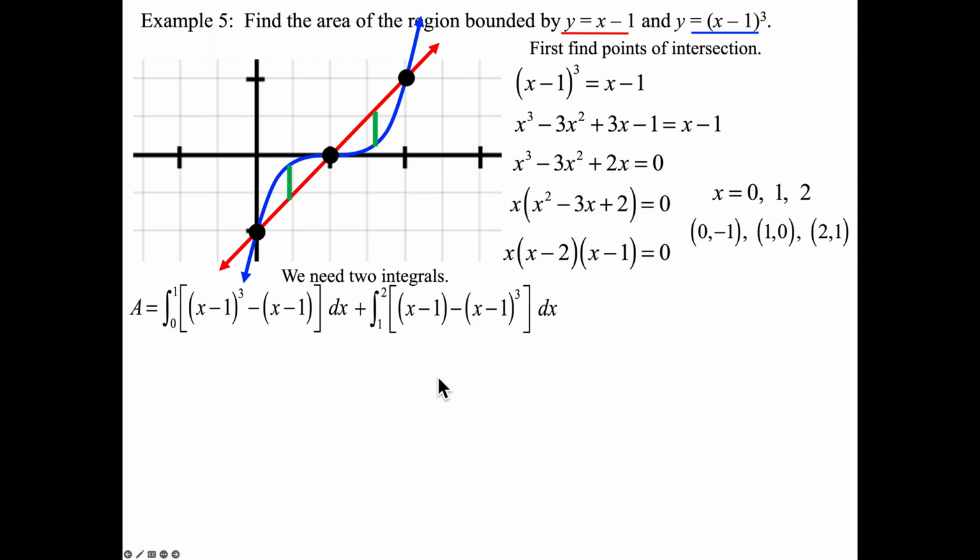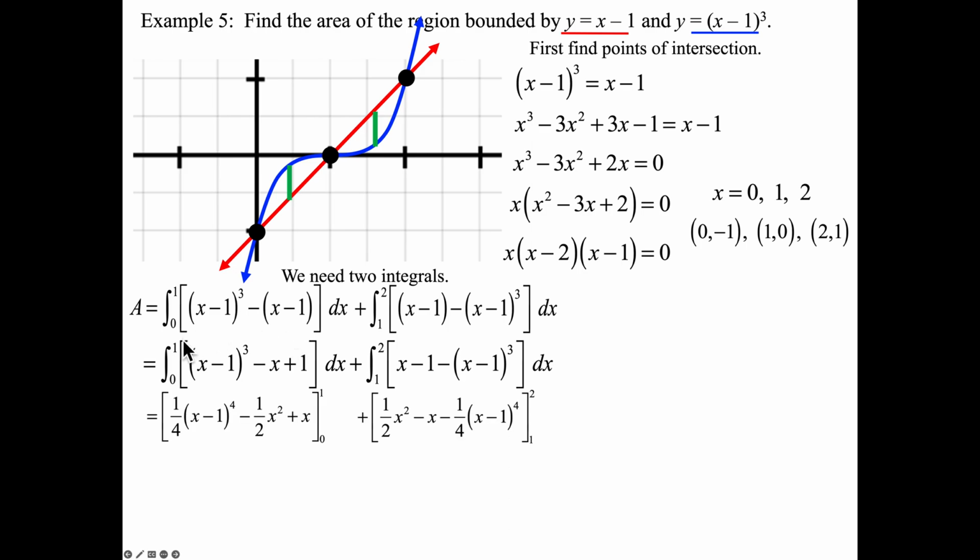Subtract those 2. Now again, you could go ahead and factor this out. We can do some u substitution. All right, you don't have to FOIL this out. You could if you wanted to. It's just more work.